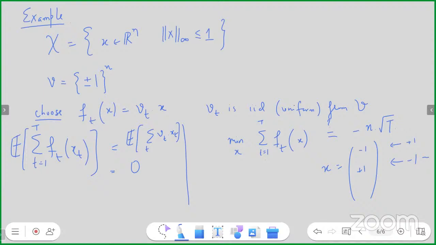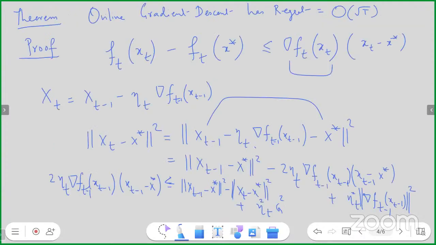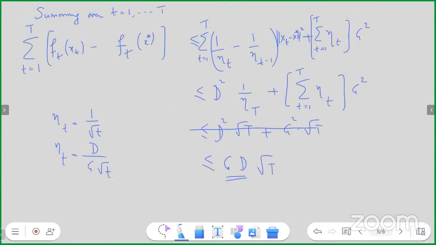All right. So as usual, we first do it for convex functions, then we go back to our strongly convex functions. So far, nothing changes for a strongly convex function. So now think about it: if ft is strongly convex, I want to improve this inequality from square root t to log of t. How can I do it?